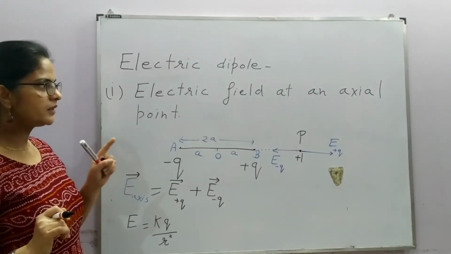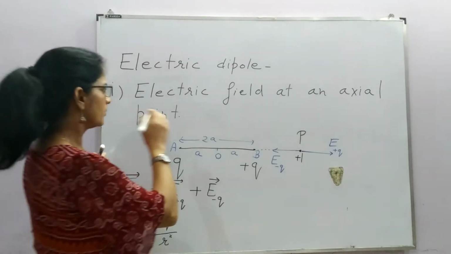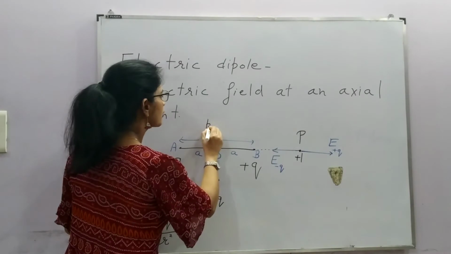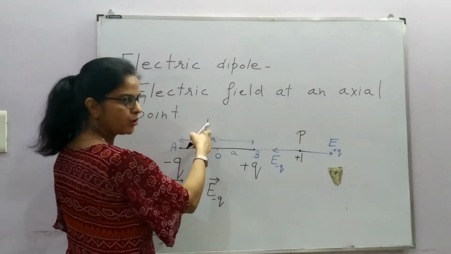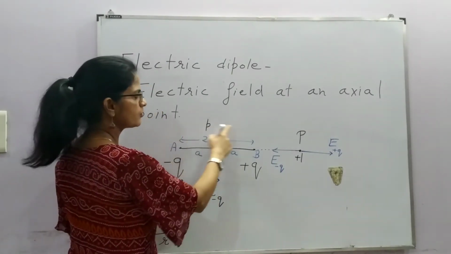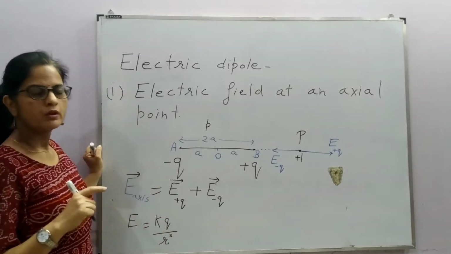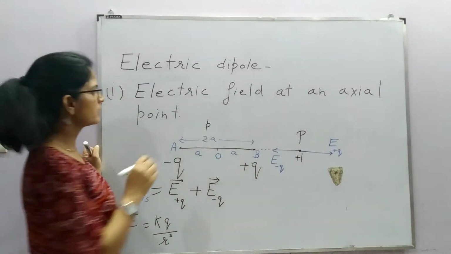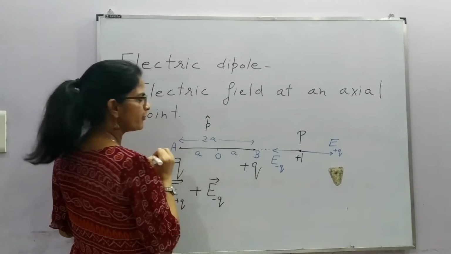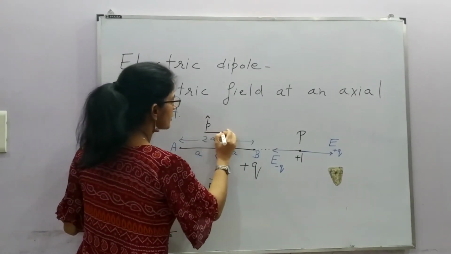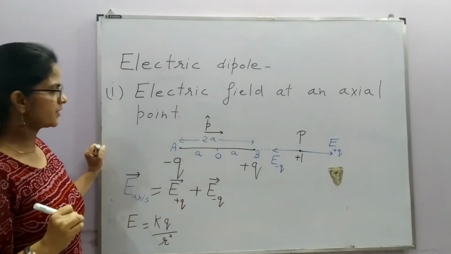So I need to write the direction also. We already know that the direction of dipole moment vector is from minus q to plus q. So to show the direction of dipole moment, I will show this by unit vector p cap, which is from minus q to plus q.